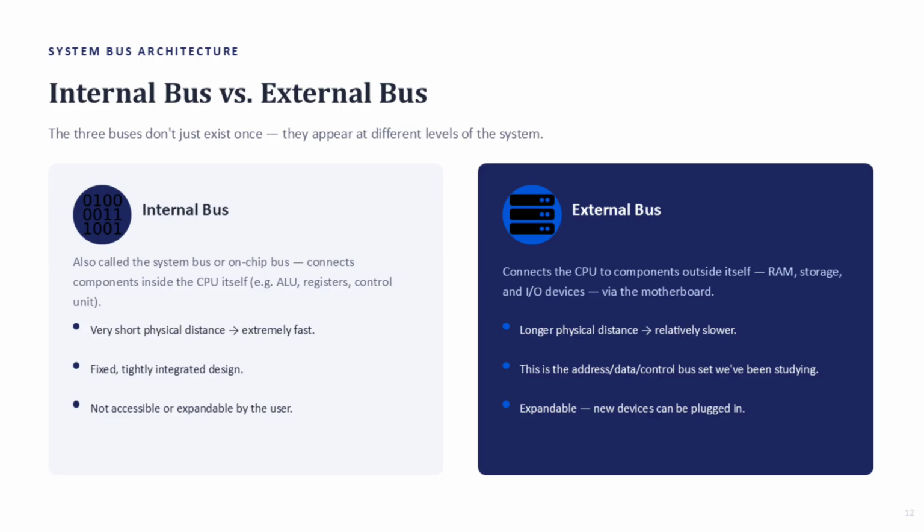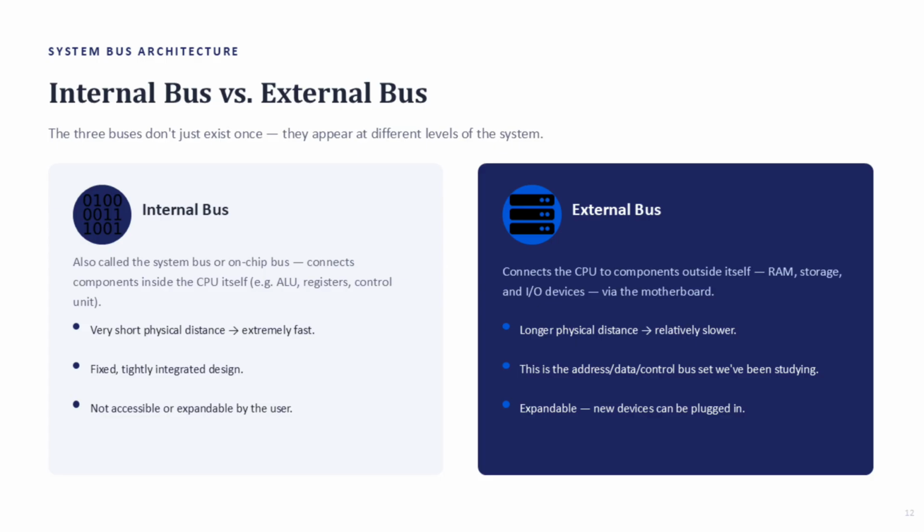Now let's compare that with the external bus. The external bus connects the CPU to the components outside the processor, such as RAM, storage devices, and input-output devices through the motherboard. Unlike the internal bus, these connections span a much greater physical distance.